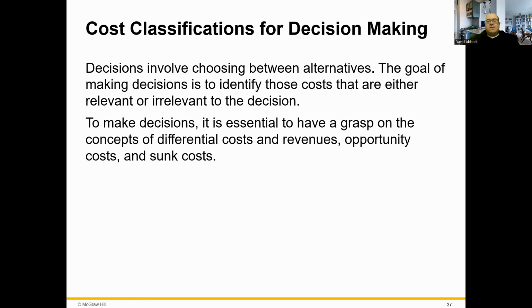To make decisions, it is essential to have a grasp on the concept of differential cost and revenue, opportunity costs, and sunk costs. We'll go into what each one of these is, because if you're thinking about doing something, realize that there are things that are relevant to your decision and things that are not relevant to your decision.